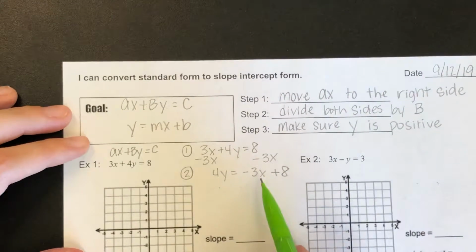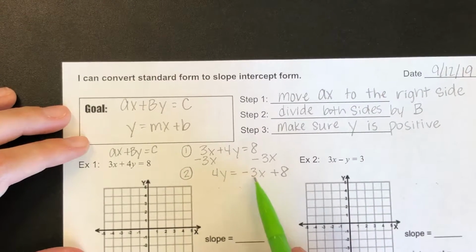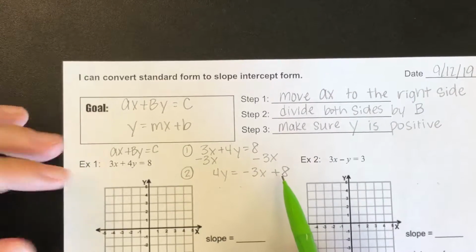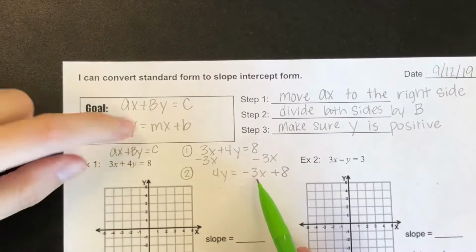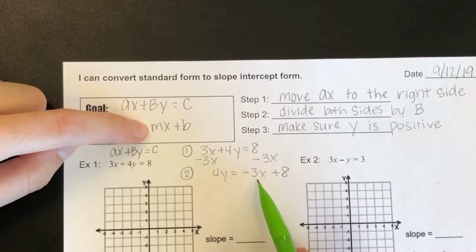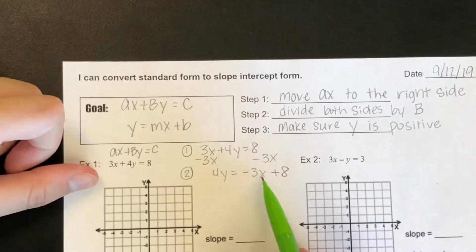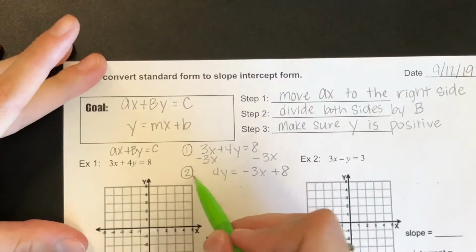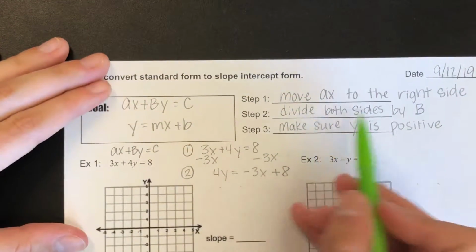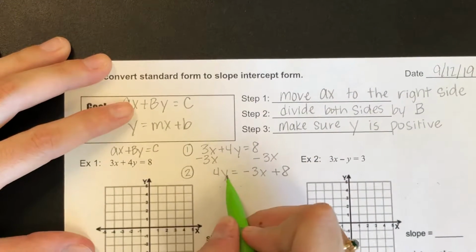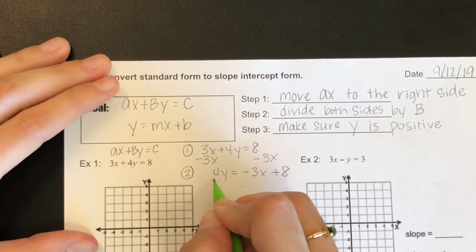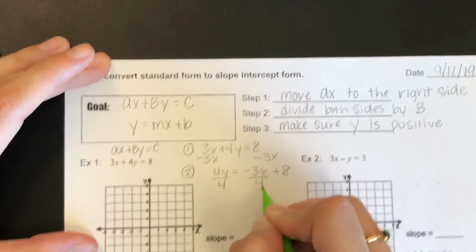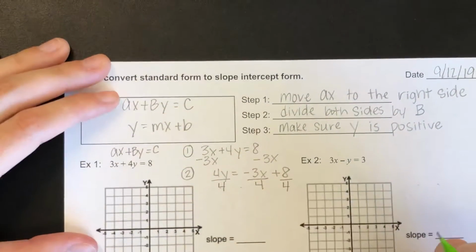You want to make sure that your negative 3x is in front of your C value, your 8 here, because this is trying to look like our slope-intercept form, where you have your mx in the beginning. So now we have an mx. Our second step also tells us we're going to divide both sides by B. We're trying to get y by itself, remember. So we're going to divide by 4, divide by 4, and divide by 4.